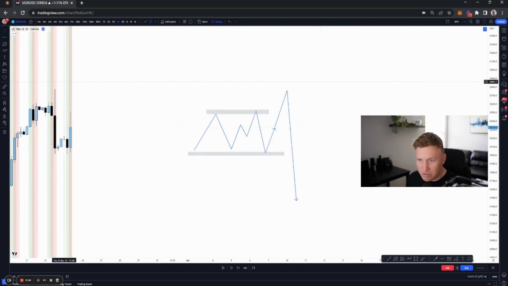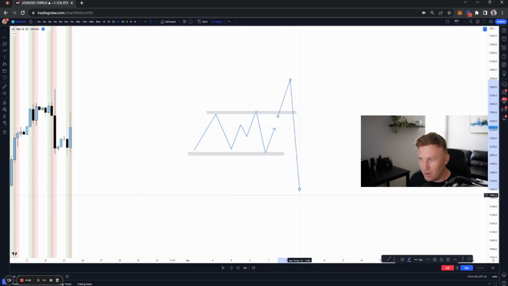And the reason why we consider it manipulation is we can then assume with a ranging market that a lot of opinions and ideas are being formulated. Bluntly put, it's enticing retail traders into the market too prematurely. So people would be looking at the top here for selling opportunities, maybe buy stops, looking for breakouts. When price does break out, you will have traders looking for break retest like this, looking for buying opportunities here.